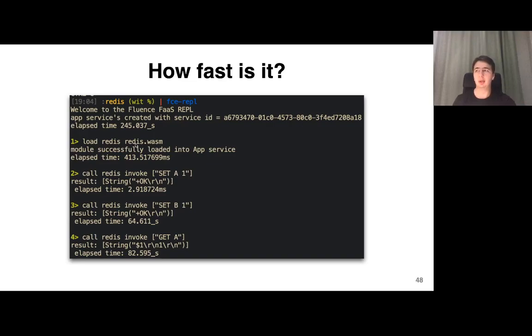Load here means that Redis will be compiled from WebAssembly to native by the ahead-of-time compiler, Cranelift here, and all imports and exports will be instantiated here with interface types, with the interpreter, and so on. The time here is less than half a second. I tested it on my MacBook Pro.